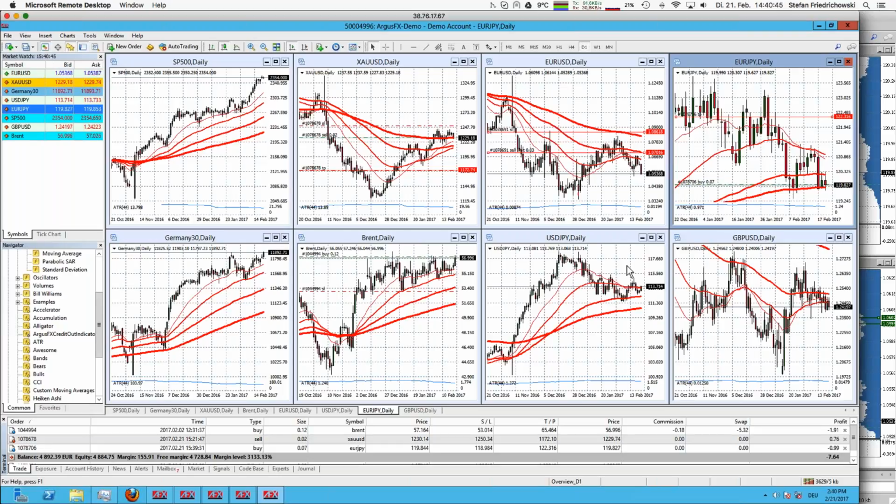But now it's time to say no to that trade, because then we have something which is called a group risk, because all those trades would be too similar to each other, and therefore I will not enter that trade for US dollar, Japanese yen as well.